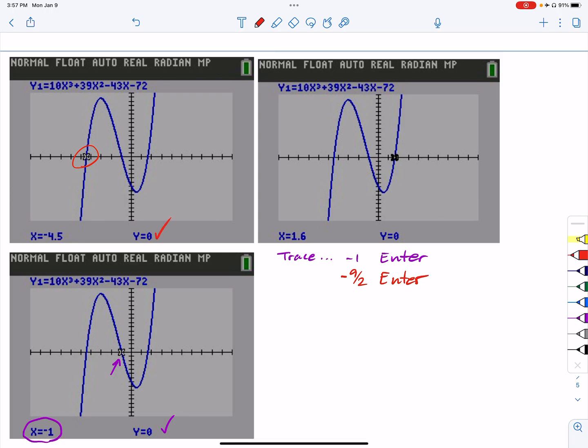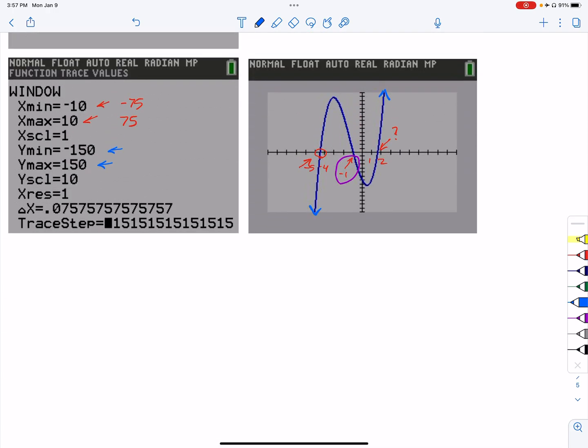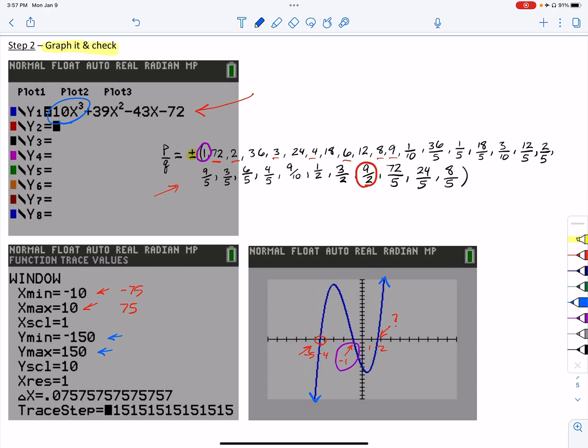Now, there's one more, and you can see it on my screen here already, at 1.6. So 1.6, or 16/10, that's 8/5. Is that in my list? That's a number between 1 and 2. So you're really just hunting through all these values.